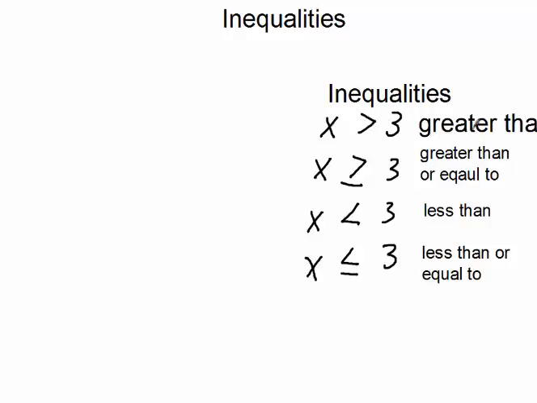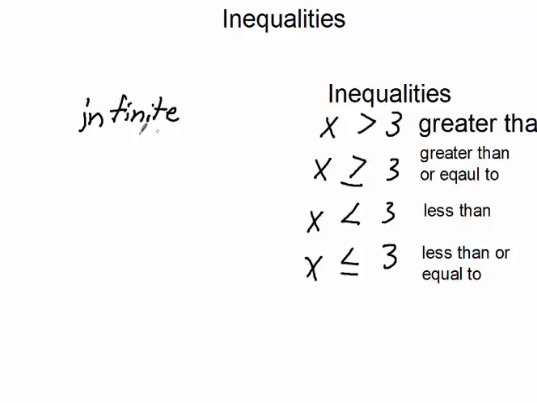So we have to think, what can our solutions for x be? Something greater than 3: there's 4, there's 5, there's 6, there's 10, there's 10 billion. Numbers keep going on and on to positive infinity. So in reality, the number of solutions for an inequality is infinite.